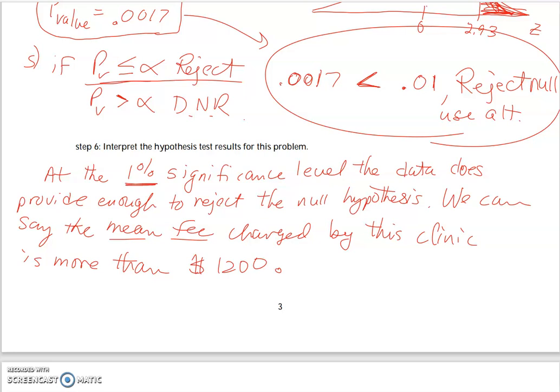So at the 1% significance level, the data does provide enough evidence to reject the null. We can say the mean fee charged by this clinic is more than, that's what we were worried about, $1,200.